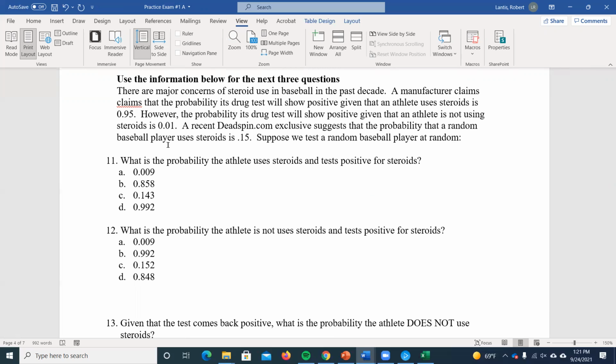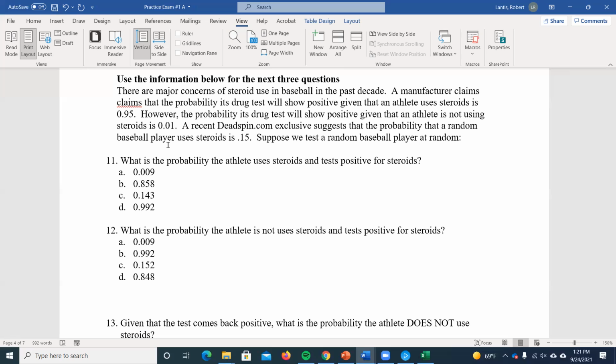The first one we're told is using, right? So given that they're using, the probability they test positive is 0.95. However, given that they're not using, the probability that we get a positive test result is 0.01. And then a recent article suggests that if we choose a player at random, the probability they're using steroids is 0.15. So the probability that they're using is 0.15.